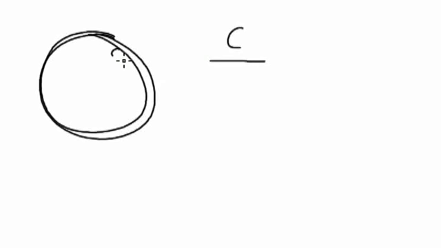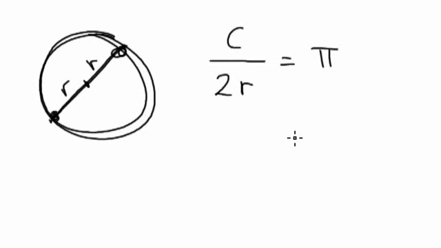So let me start again. Given any circle, if you get the circumference c divided by this distance here, which is 2r, equals pi. Now imagine this is a bubble.